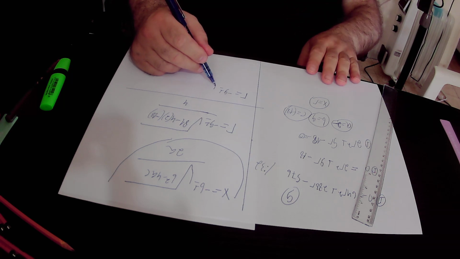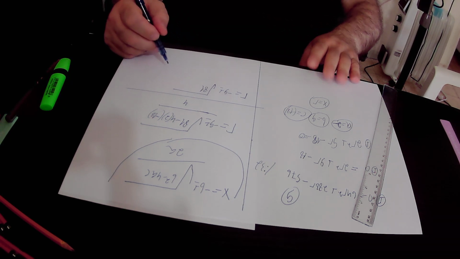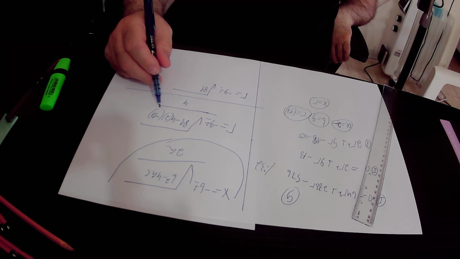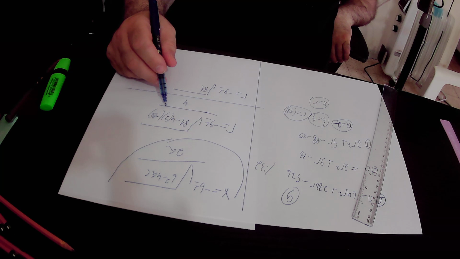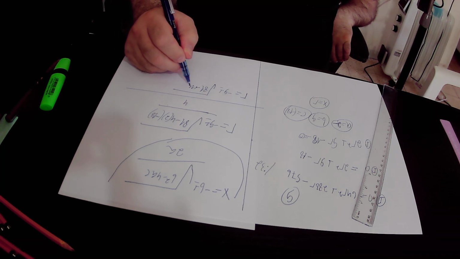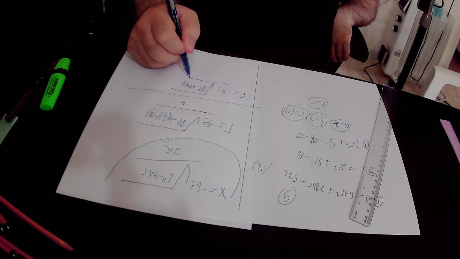Here we have inside the root 81, and here minus 18 times 2 is minus 36. Minus 36 times minus 4 is plus 144. So inside the root we are left with 144 plus 81, all divided by 4.